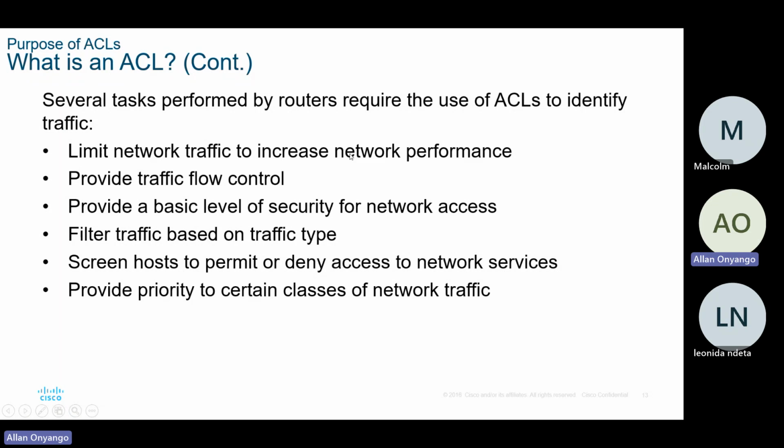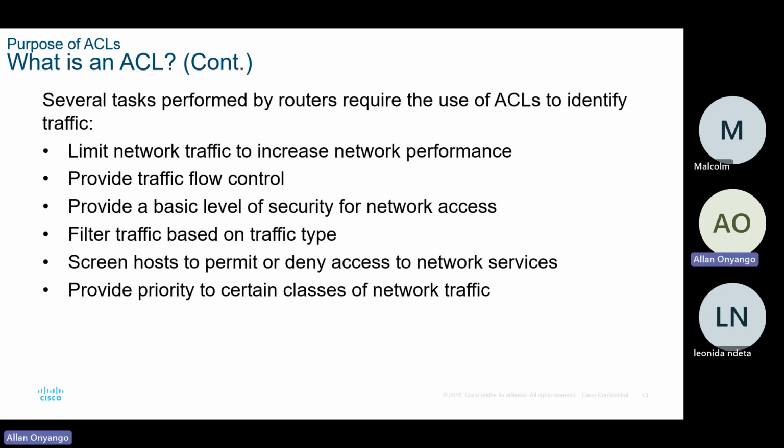For example, in a network where there is a group of people, probably students, who are streaming so much on YouTube, and yet we need the bandwidth to be preserved for office use, we could limit the voice and video traffic for some time, so that people doing their office work, accessing the work servers, could be able to do their job.